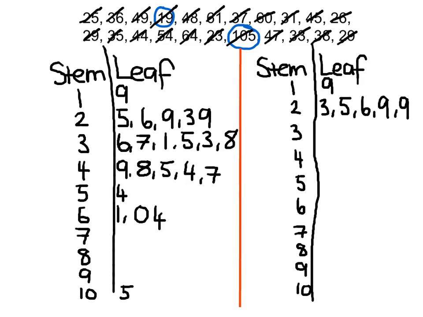For the 30 numbers, the smallest value is 31, then we have 33, 35, 36, 37, and 38.